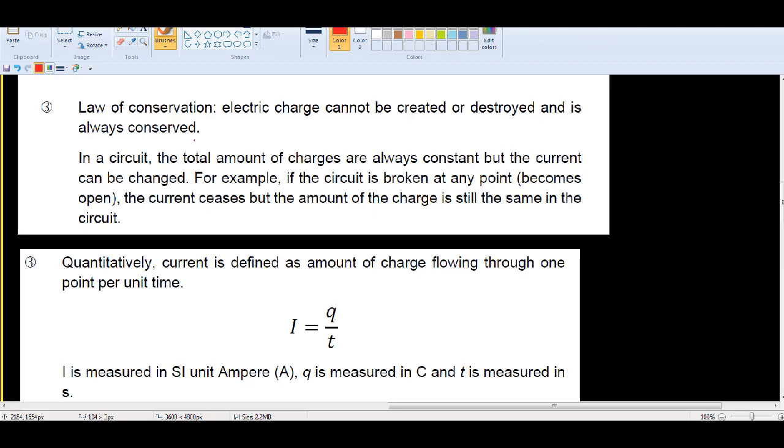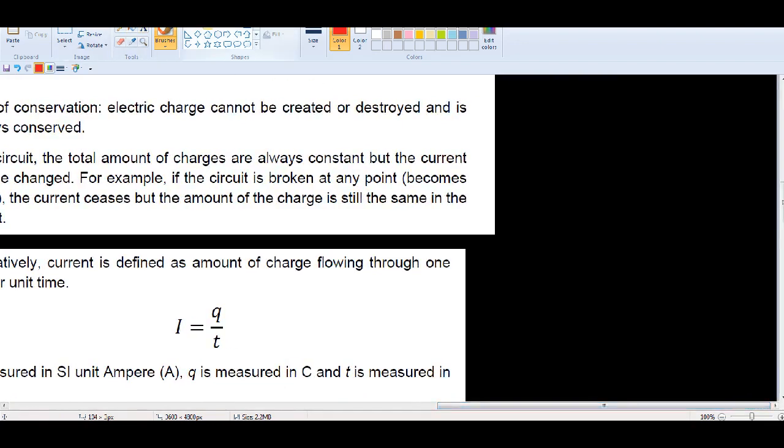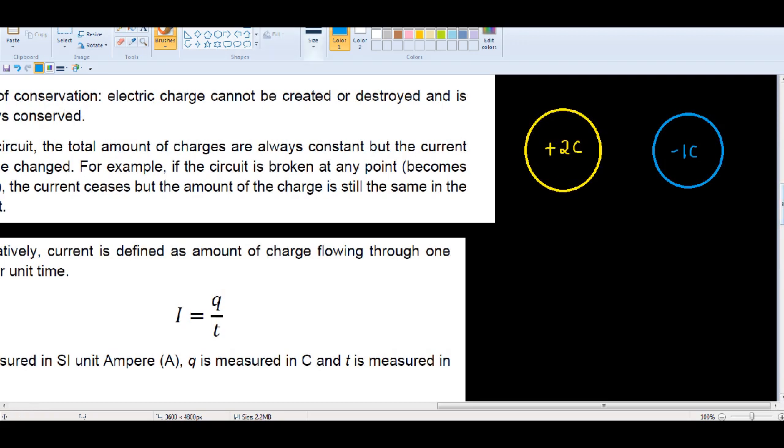Okay, so what's so important? For example, if I have plus 2C here, and also I have minus 1C, and both are conductors, let's say they touch.